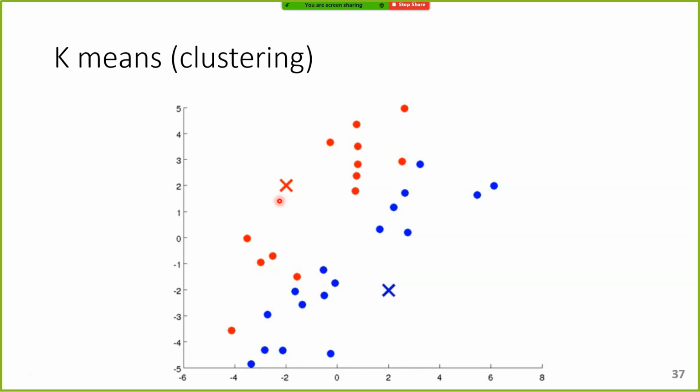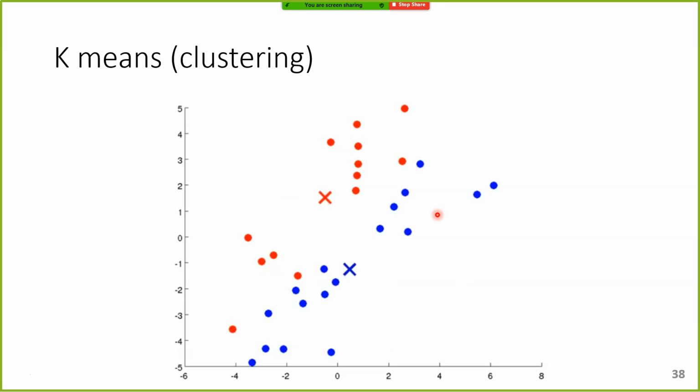Then we again find the centroid of all these red points and the centroid of all these blue points. The centroids would be shifted because of this allocation of the points into two classes, and so we get new centroids.